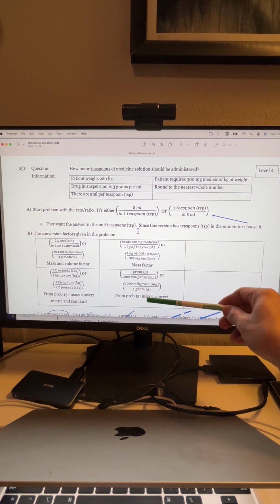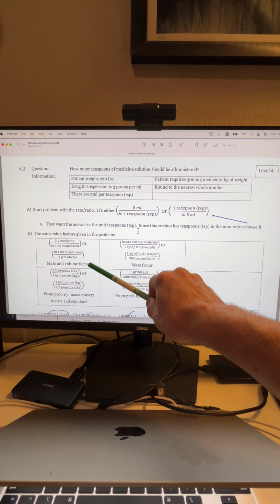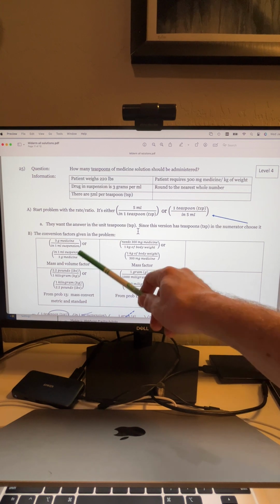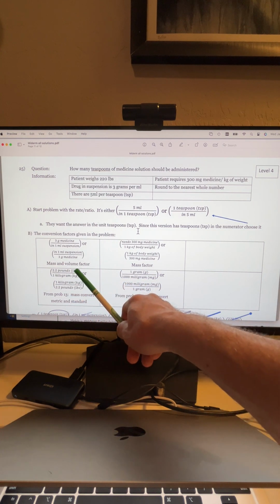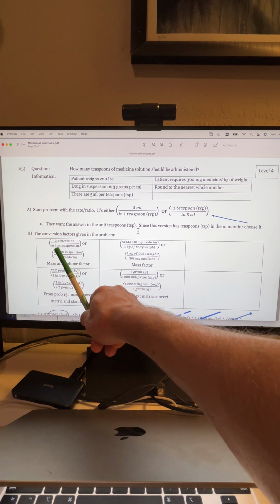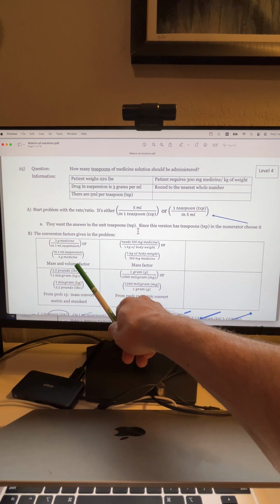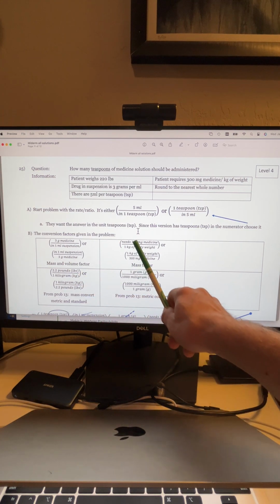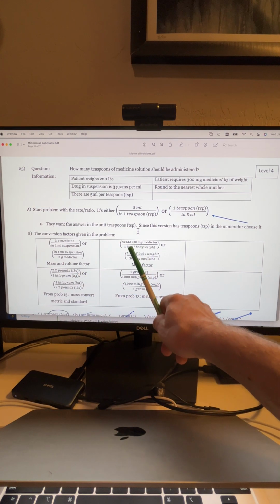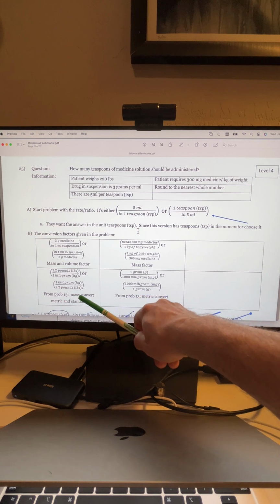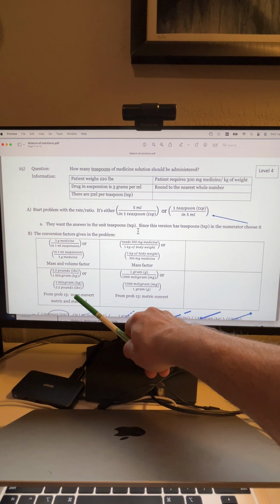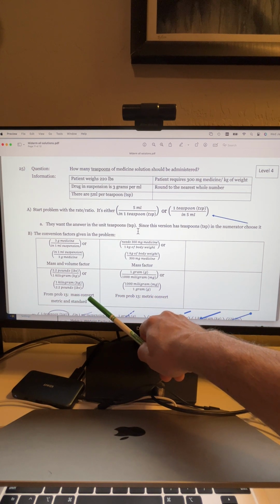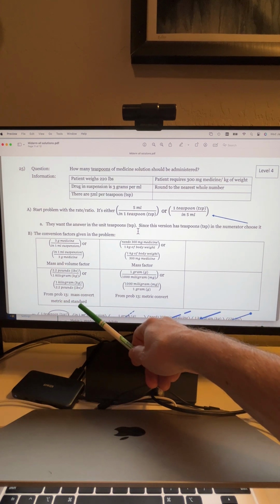I went ahead and labeled what type of conversion factors, what each is dealing with. This is mass and volume. Mass is grams, milliliters is volume, an amount of a liquid or a solid. And then this is just mass. See, milligrams and kilograms, that's all mass. And this one is mass converting between metric and standard. You don't need to know this for a test.